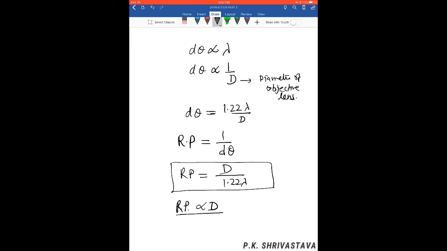That is, if diameter of objective lens is increased, then its resolving power increases, and resolving power is inversely proportional to wavelength of light used. Okay, this is all about the resolving power of telescope and microscope.